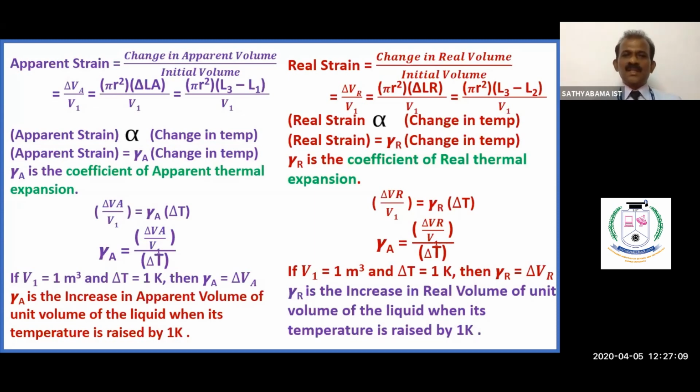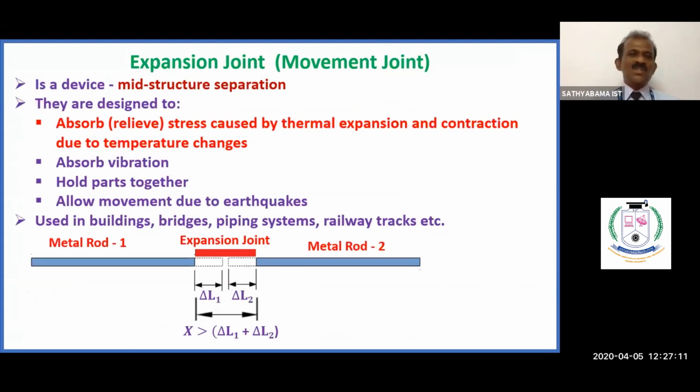Now see the next topic, expansion joint, nothing but a movement joint. Here, if you are joining any two materials, normally we apply paste or use screws or nuts and bolts, like that.